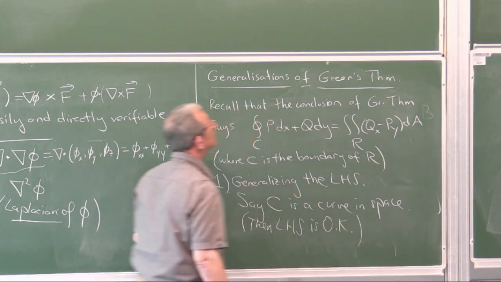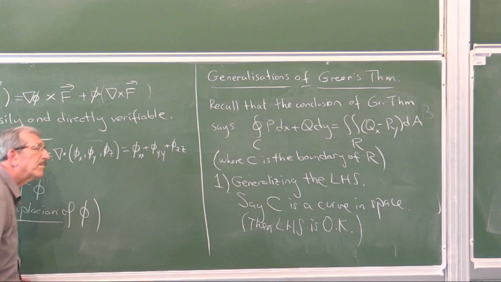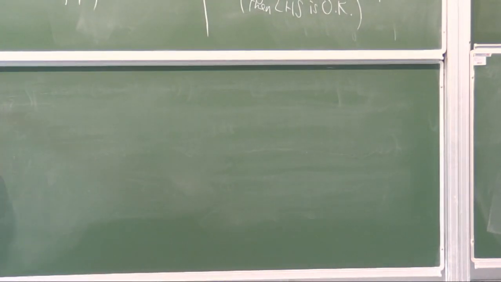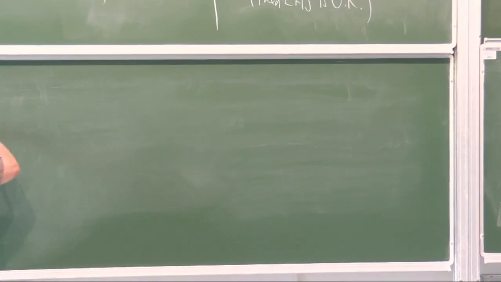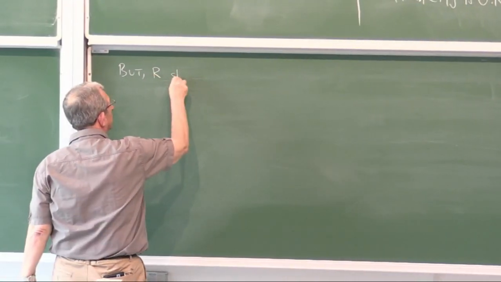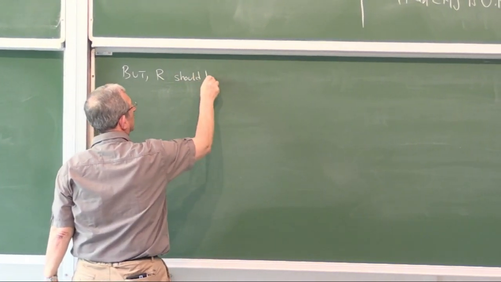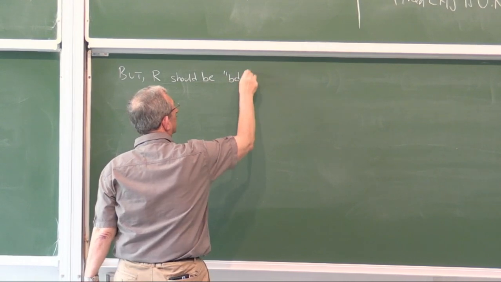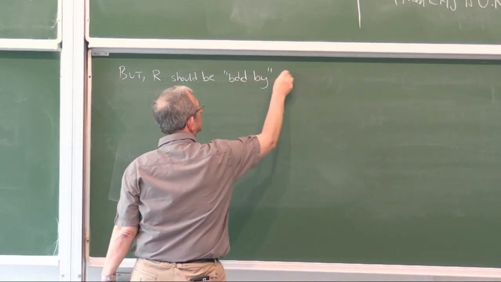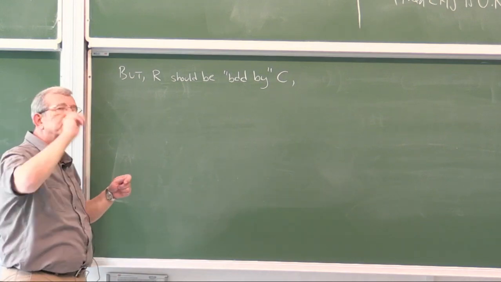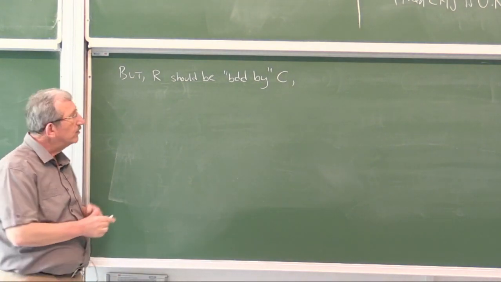So if C is a curve in space, the left-hand side is okay. We already considered that. But what happens to the right side? Okay, but okay, recall that R should be bounded by C. Well, if you have a closed curve in space, okay, what does it bound?